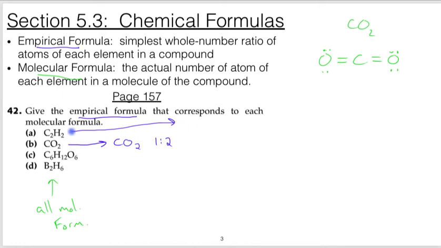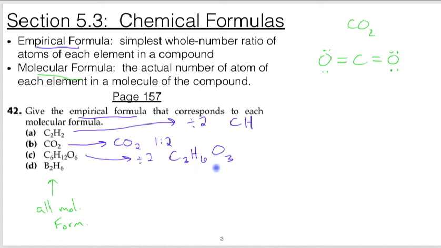In some ways, what you're doing is looking for the lowest common multiple between the numbers of atoms there. For example, if I took that formula and divided by 2, I get CH. If I take this formula and divide by 2, I would get C3H6O3.